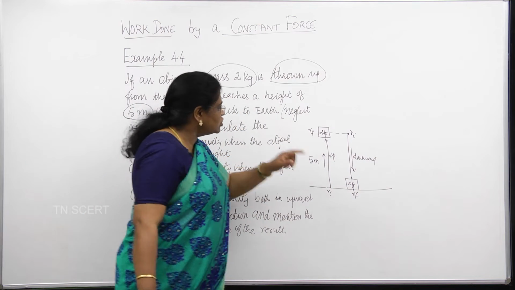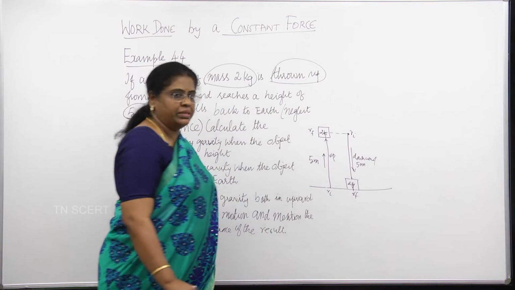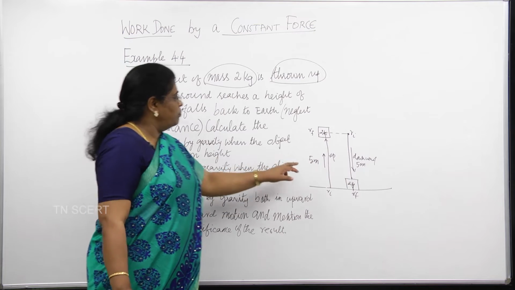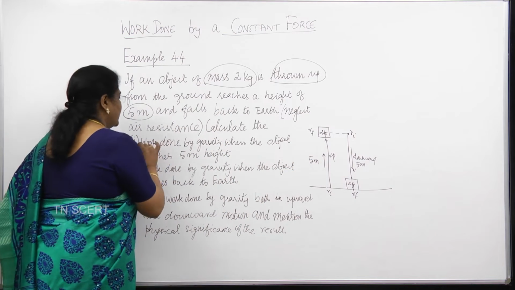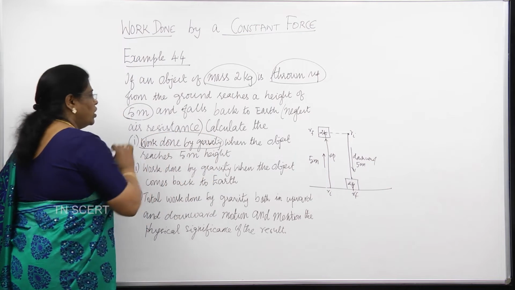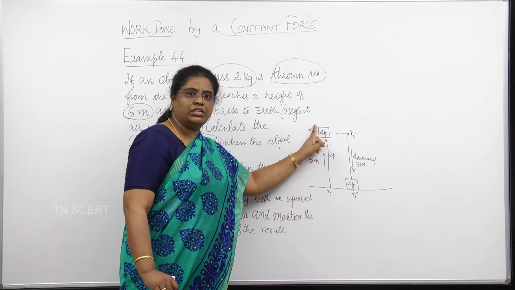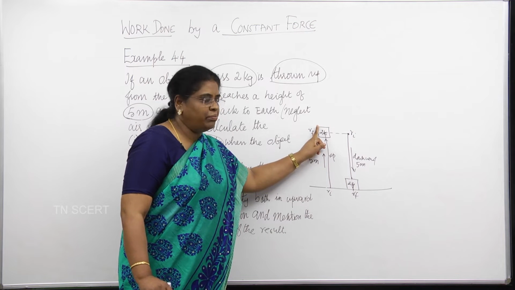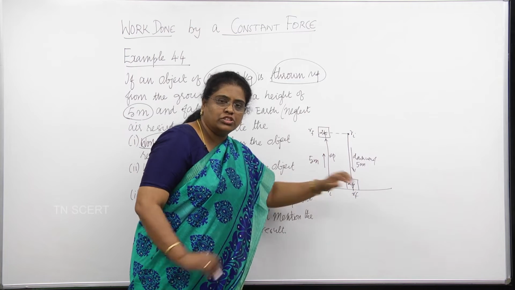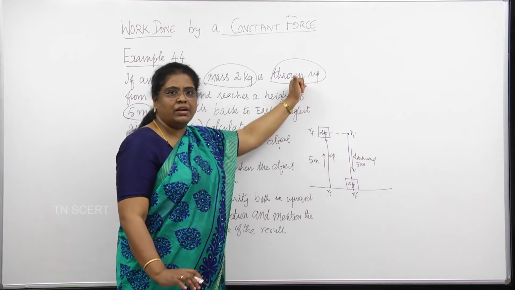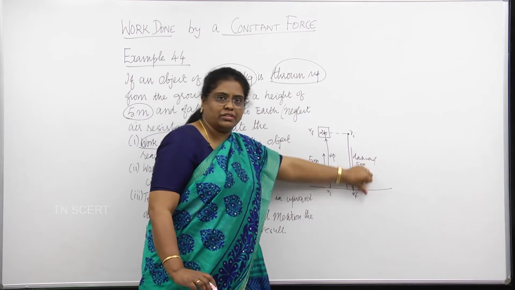But this is also 5 meters, because it comes from the same height. So, in both the cases what is asked? Work done by gravity. What is the work done by gravity during its upward motion? What is the work done by gravity during its downward motion? And the total motion is upward and downward, so the third question is the total work done.